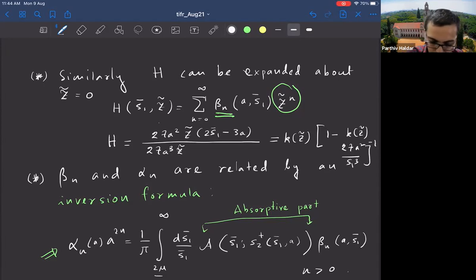It can be expressed in this form, where these K of Z bars are the so-called Koebe functions. Koebe functions are known to be univalent in the unit disk, and this is essentially a Mobius transform of the Koebe function.